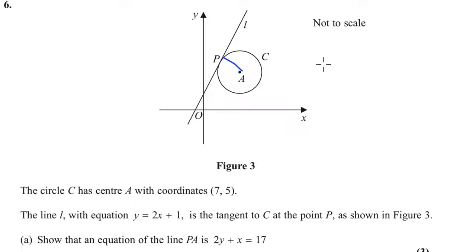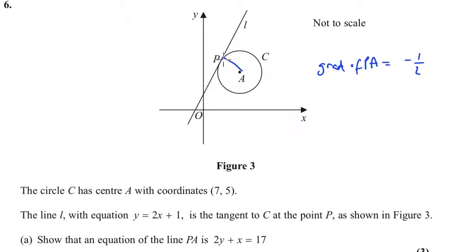The gradient of PA is going to be the negative reciprocal of this line, so it's going to be minus a half. Then we can use the equation for a point on the line.